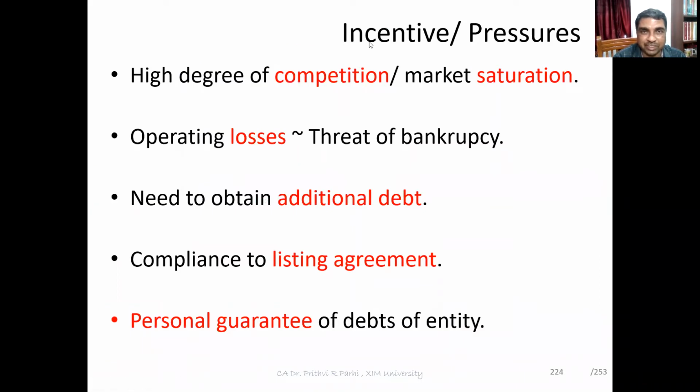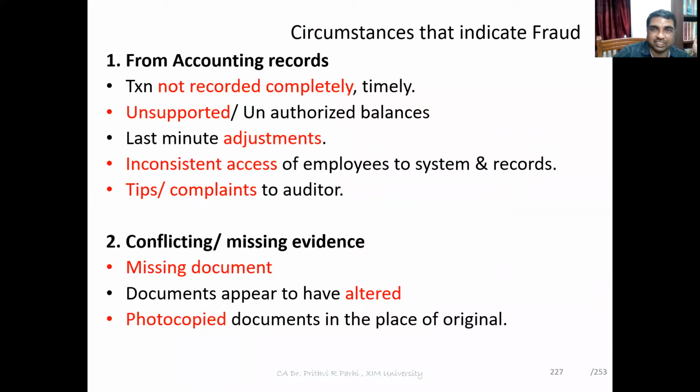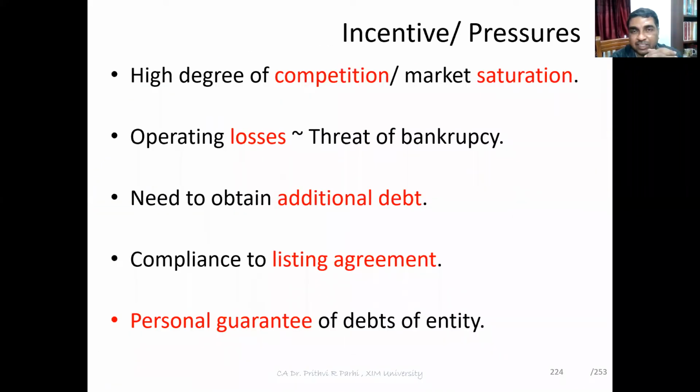The first situation we'll see. The first one is incentive or pressure. This thing also we had discussed at a basic level. If one feels the situation is such that there is some incentive if fraud is committed, or there is tremendous pressure on the management to commit fraud.